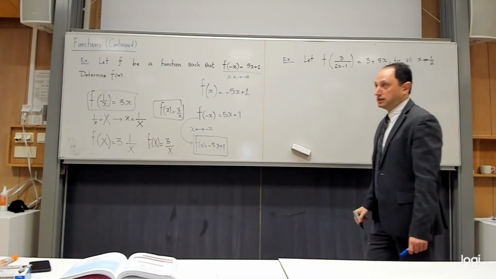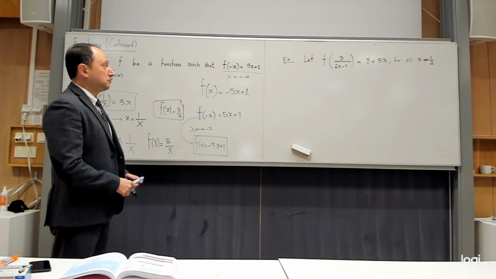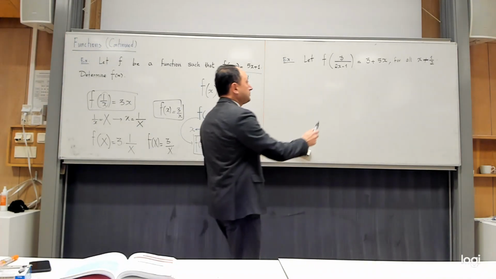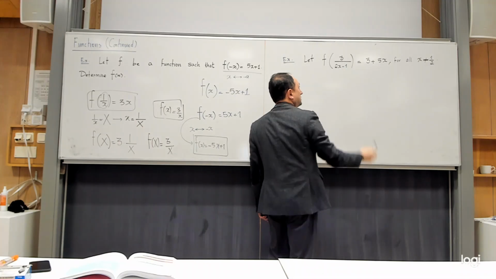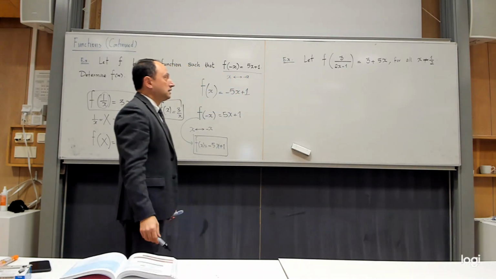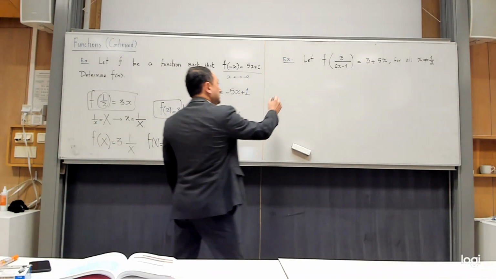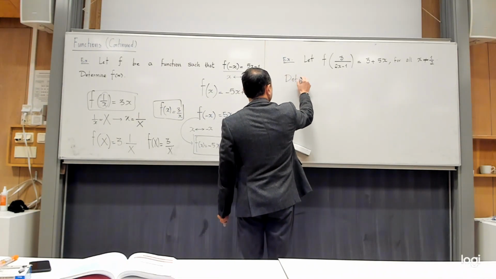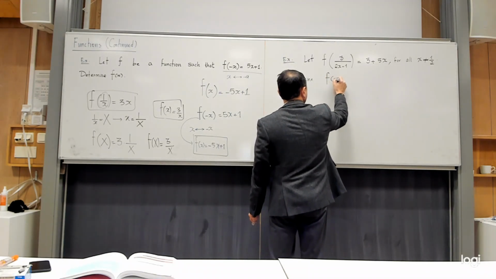And the reason is clear: if x equals 1/2, then 2 times 1/2 is 1, 1 minus 1 is 0, and division by 0 is forbidden. Then determine f of x.